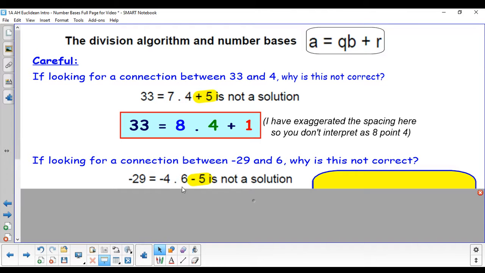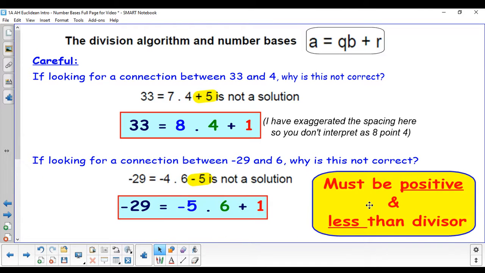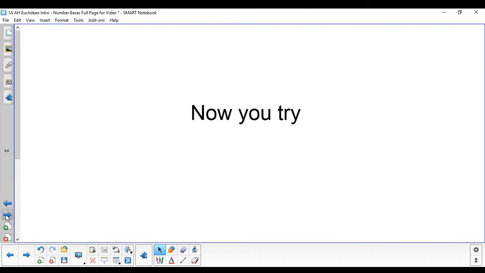Instead of minus 4 times 6, what about minus 5 times 6? So how many 6's are in that? You could say minus 5, which goes to minus 30, and then you could add 1, and then that would be your solution. So remember, your number must be positive, you can't have a negative, and it can't be bigger than the divisor. It has to be less than the divisor.